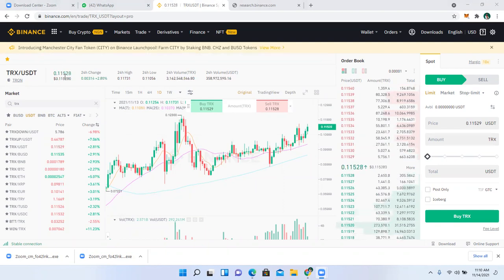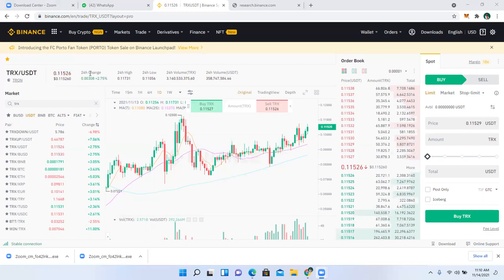For me to get one Tron currently costs 0.11529 USDT, and it fluctuates with the market. You can see how it's changing. That for me to buy one Tron, it will cost me 0.115 at that particular point in time.